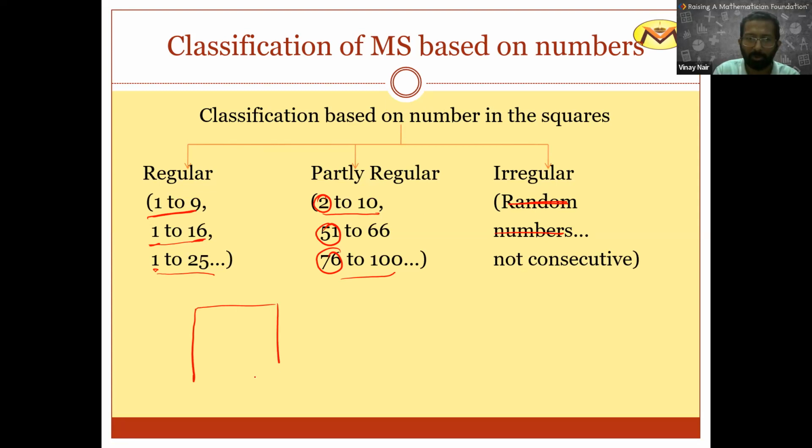So suppose you want to make a 3 by 3 magic square. Here, actually, I'm using something called an arithmetic progression. Have you guys learned arithmetic progression? Arithmetic progressions are sequences where the difference is the same.